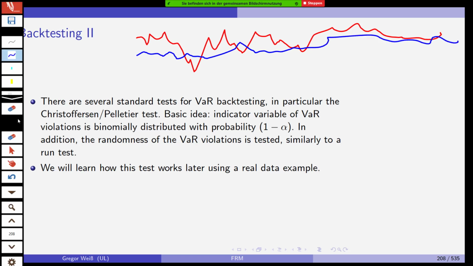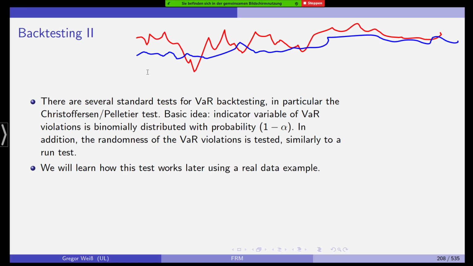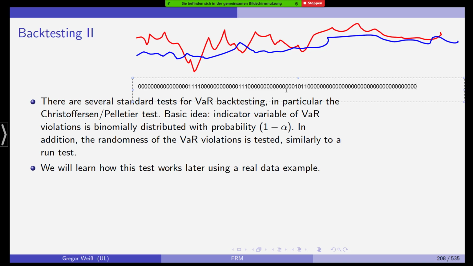And this would then mean that we will transform this information into a sequence of violations. And so on, and you get the idea, and then it continues until here. Okay, so this would be the indicator variable of VaR violations.